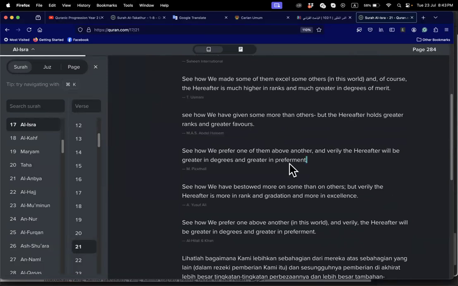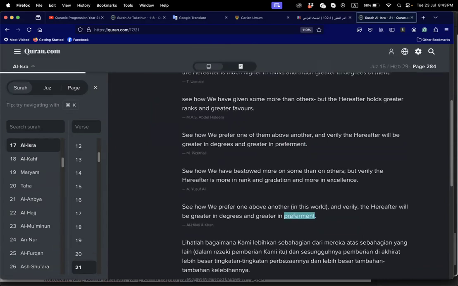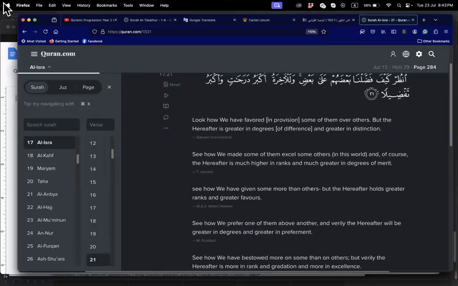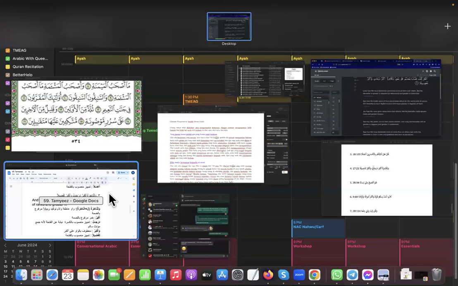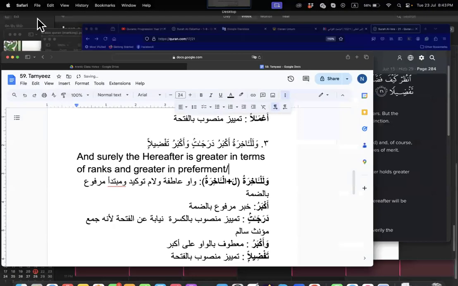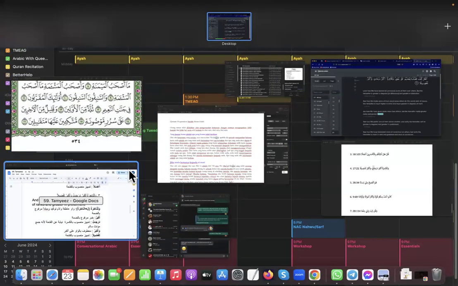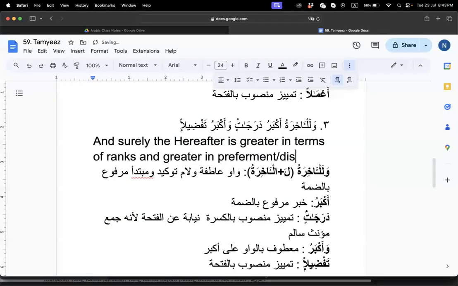Someone said preferment. Excellence, yes. Because tafdil is about preference, something is better, as in this is what you will prefer. So preferment. Obviously tafdil also includes distinction and favors. Okay, inshallah.